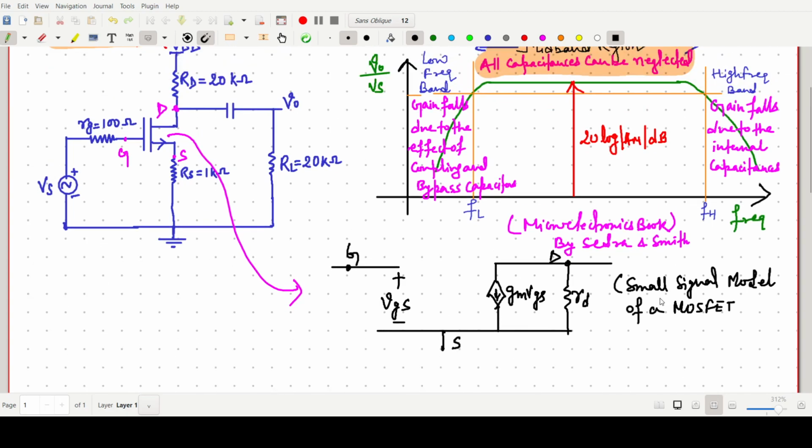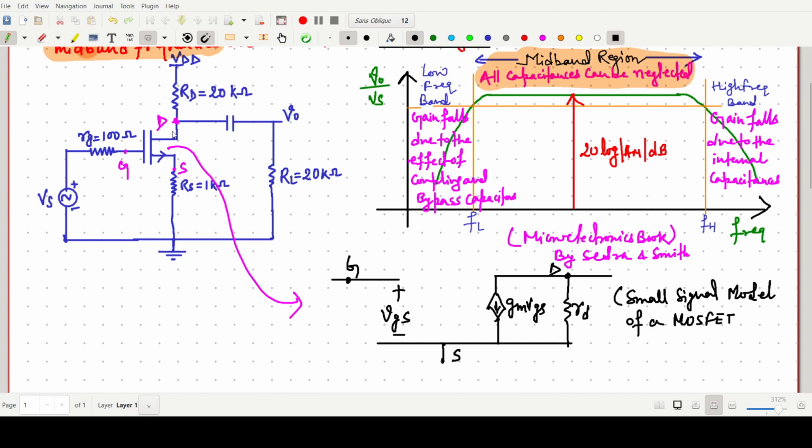Now this one is the circuitry, and we have to draw the corresponding small signal model. Keeping this as the base figure, for the small signal model we have to make the VDD to ground, and we have to short the capacitor. So this RD will come here.